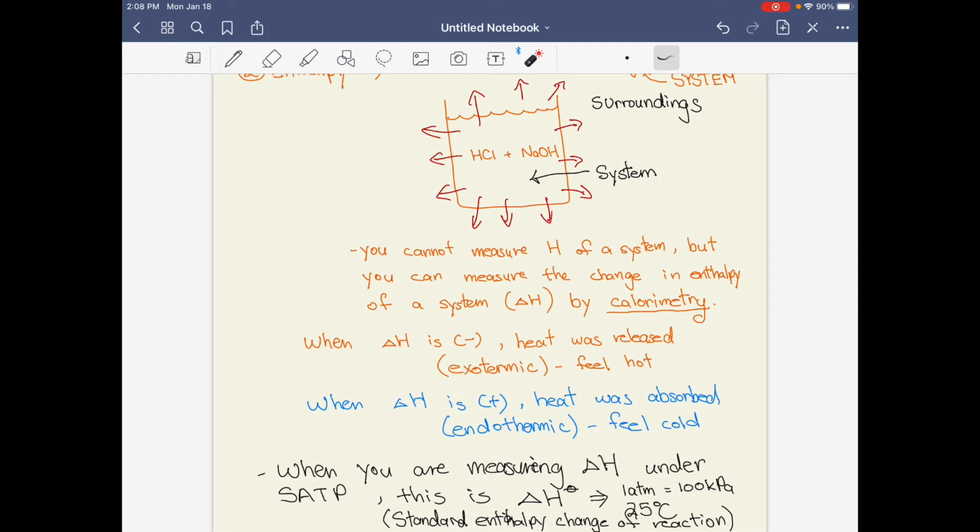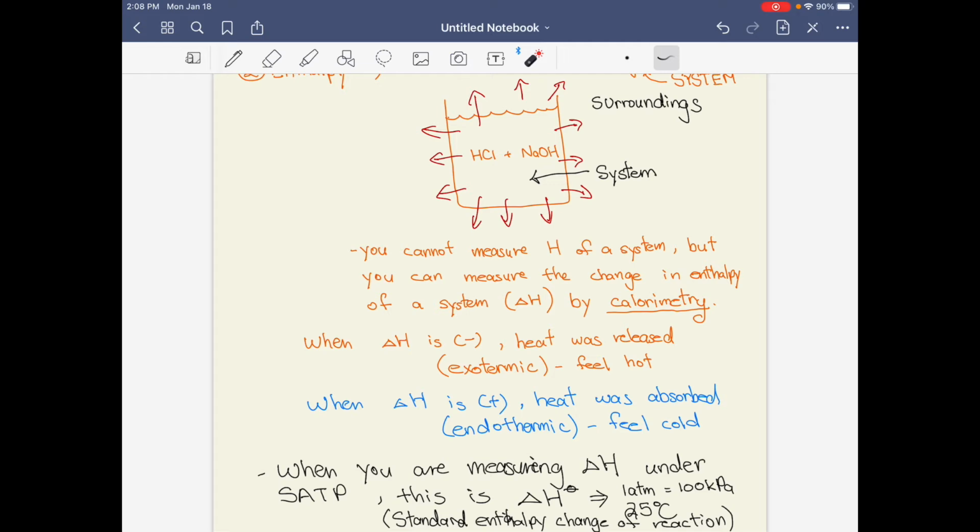But of course, they did it under standard condition, which means if the condition was changed, let's say you're not doing this experiment under 25 degrees Celsius, but you're doing this reaction at a very cold place, in the fridge or something, 4 degrees Celsius, then this number is no longer the same number. You will have a different delta H if that's the case. Okay?